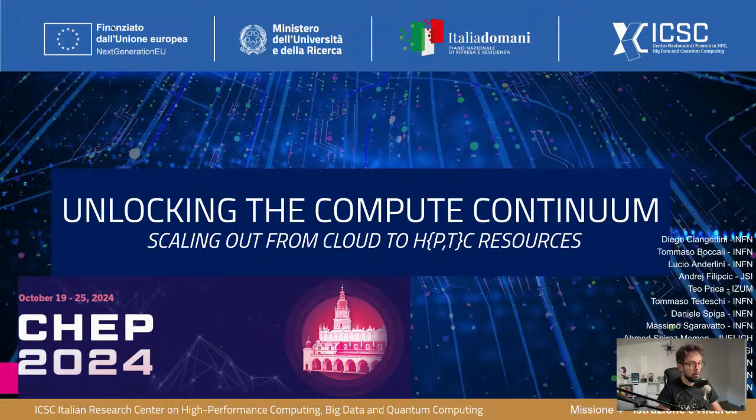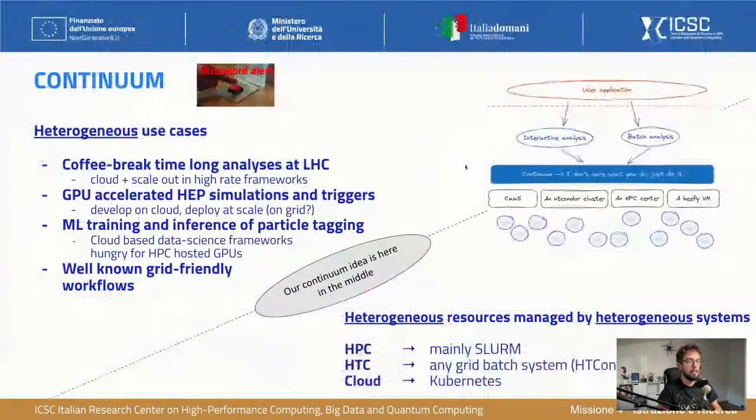So in other words, we want to put ourselves in this situation, right? Where there is a continuum, and yeah, I know this is a buzzword, but this is a continuum where on the left hand side you have the heterogeneous use cases. So you, as a user, want to do different things, starting from having your results ready in the time of a coffee break, after you deploy your models on cloud resources.